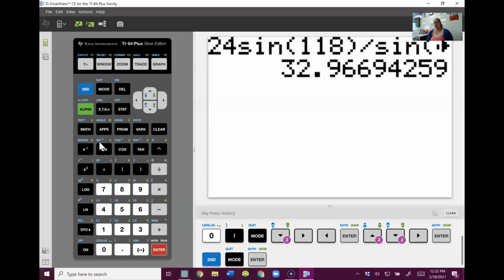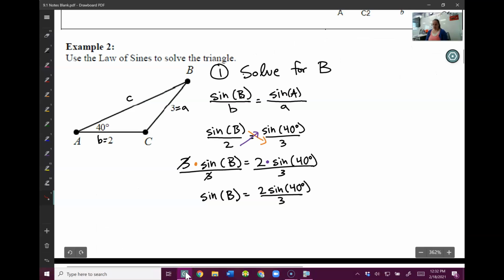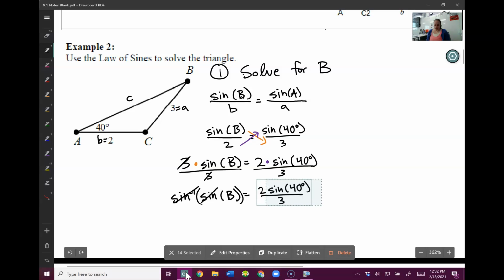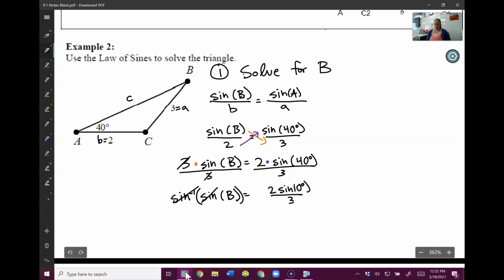And it undoes sine. They cancel each other out. So if I want to get rid of sine, then I'm going to do the inverse sine. And then the inverse sine and the sine cancel each other out because they're opposites. But what I do to one side, I have to do to the other side.